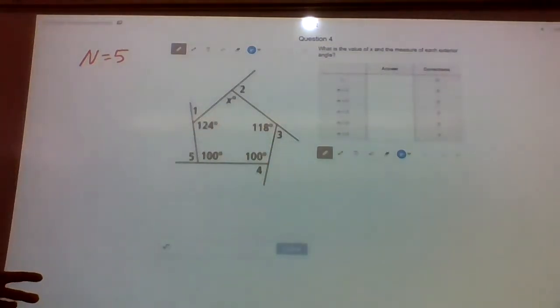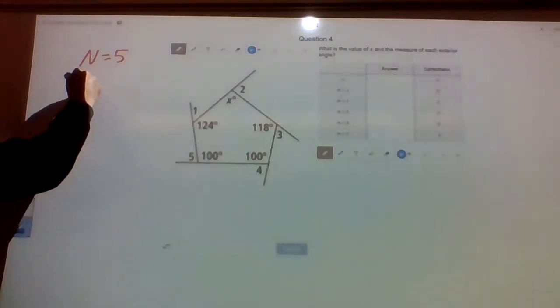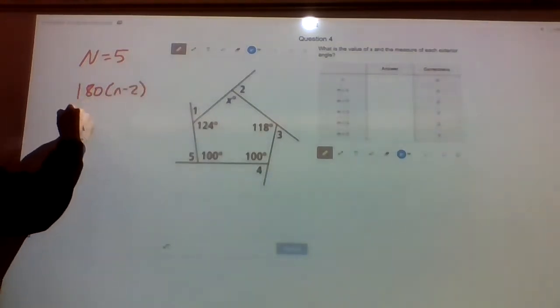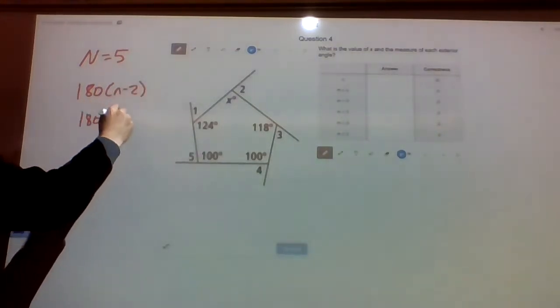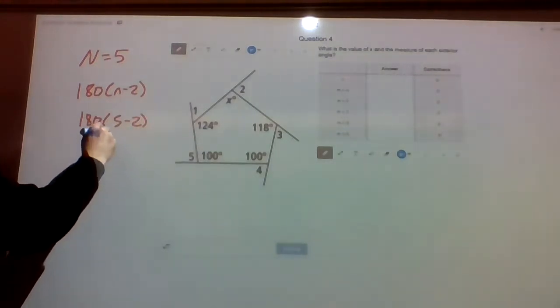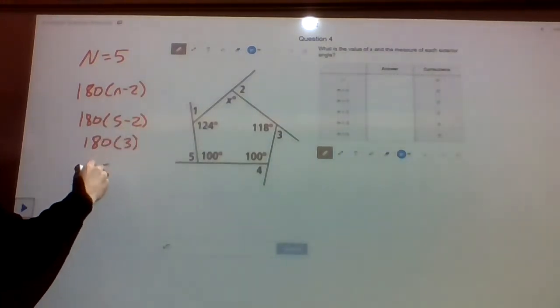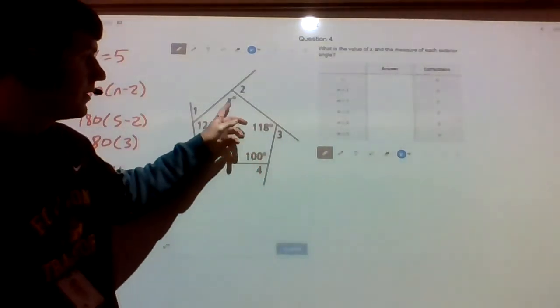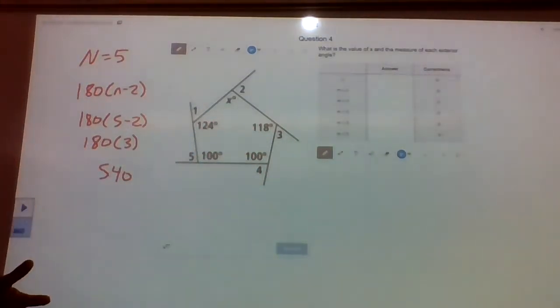We know the sum of the interior angles for any polygon is 180 times n minus 2. So that's going to be 180 times 5 minus 2, which is 180 times 3, which is 540. So all 5 of these angles need to add up to 540.